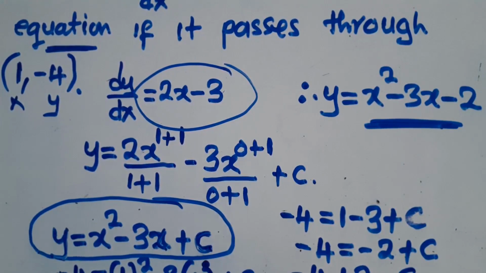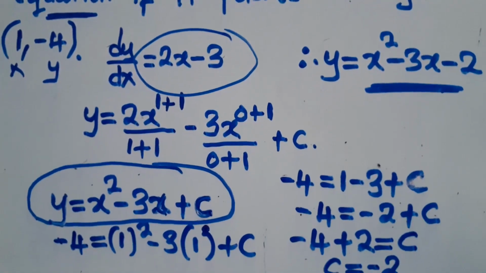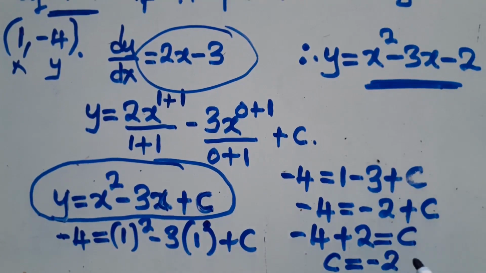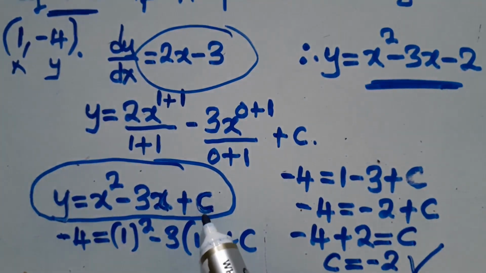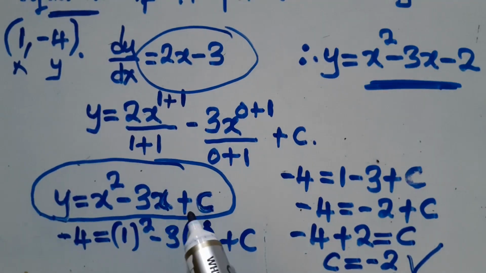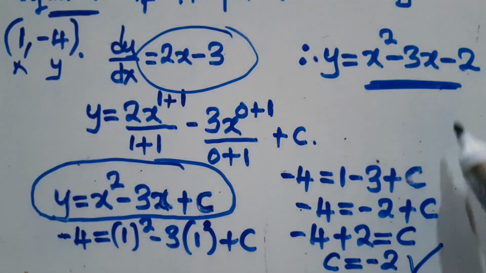After we find c to be negative 2, then you go to the original equation, the one that you integrated. Where there is c, put negative 2. Then you are done. These are simple things that I think no one can fail to do.